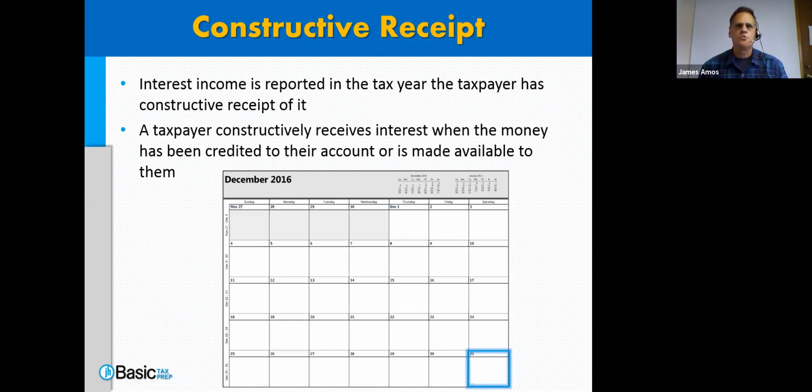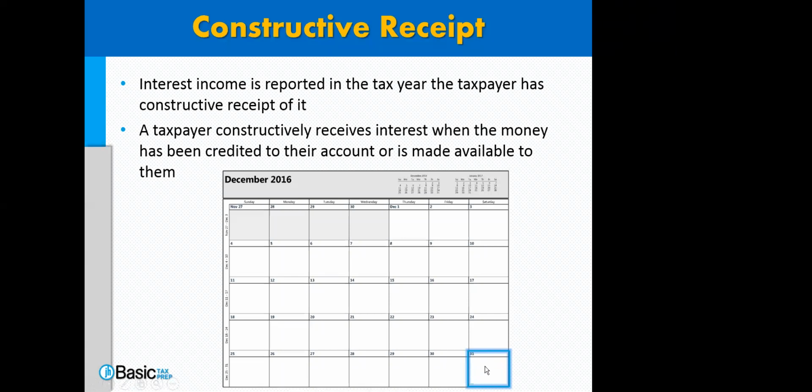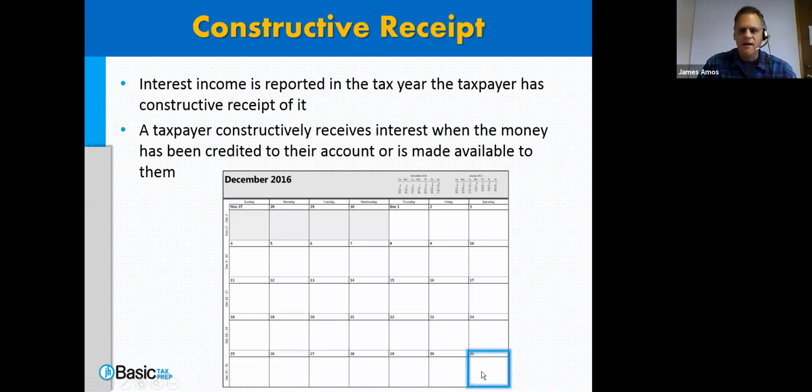The law constructs the situation as if you have receipt of it, even if you cannot actively use it. So money sitting in a bank that was deposited at 5 o'clock on December 31st, you've got it, it's there, but you can't really use it yet, but it's still in your bank account already, so it's construed to be in your possession. That's what constructive receipt means.